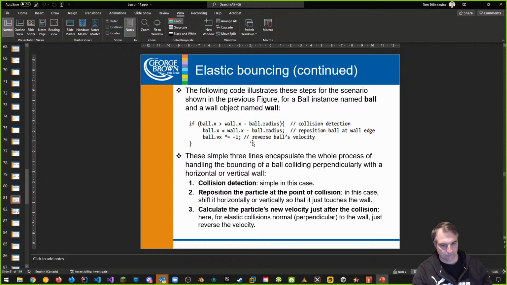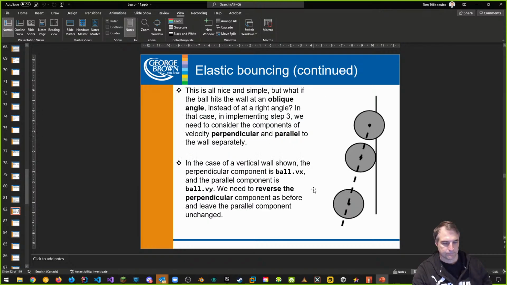Pretty straightforward. How about this example? This is nice and simple, but what if the ball hits a wall at an oblique angle? And that's mostly what's going to happen, instead of the right angle. In this case, implementing step 3, we need to consider the components of the velocity perpendicular and parallel to the wall separately.